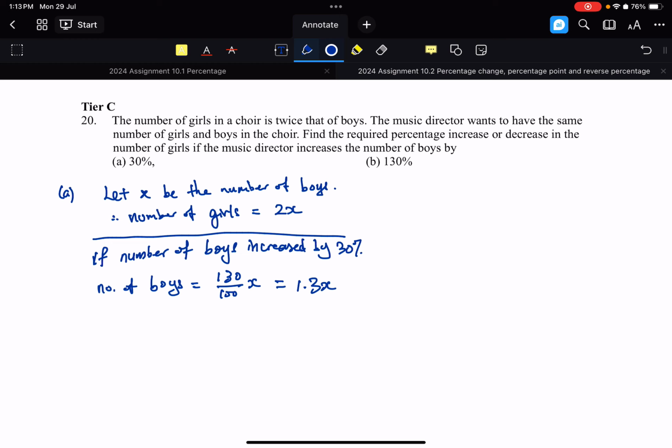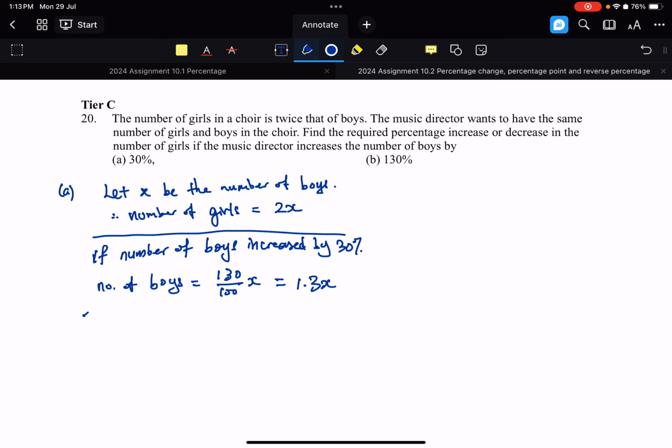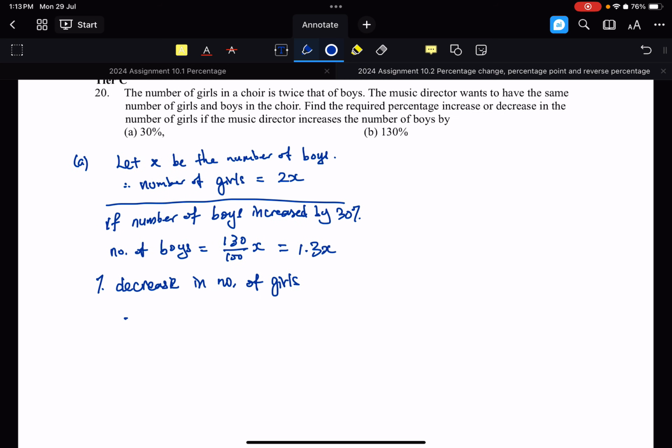So the percentage decrease necessary for the number of girls, let me write, just use this for the number of girls, will be equal to the original number of girls minus the new number of boys over the original amount again.